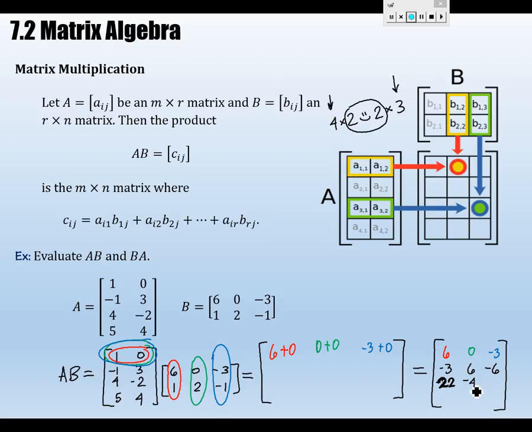Check me on these. 12. -10. Is that what you got? Somebody check your column there.